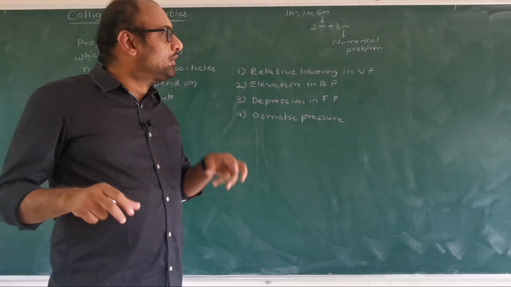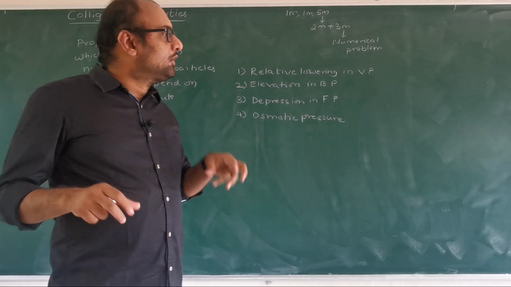So if you neglect NB in the denominator, you get NB divided by NA. Why are you removing NB? Because the concentration of the solute is very negligible compared to the concentration of the solvent. So we have P naught A minus PA divided by P naught A equal to NB divided by NA.